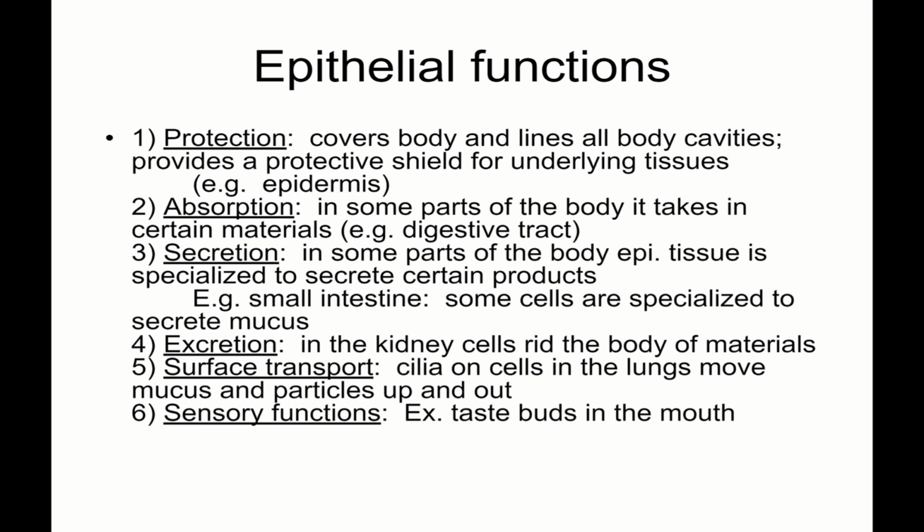Then we have secretion. This is where we're talking about those glandular tissues that we talked about before, where we're going to release products into either the bloodstream or into the digestive tract. An example of this would be the small intestine. We have specialized cells that are going to secrete mucus to protect those organs.